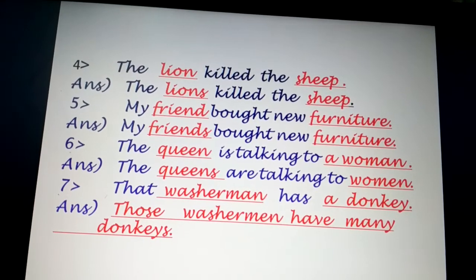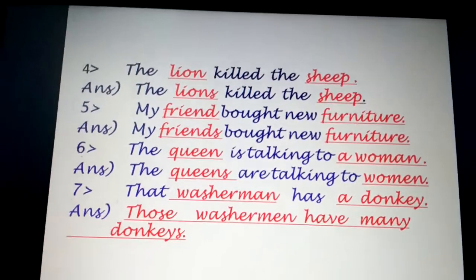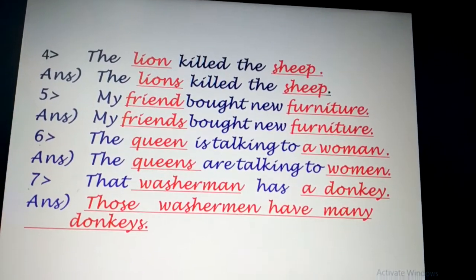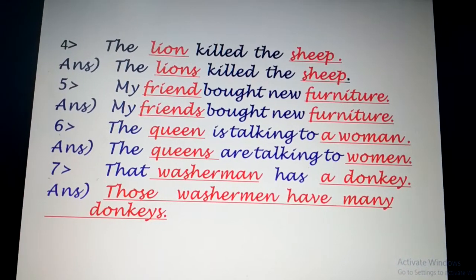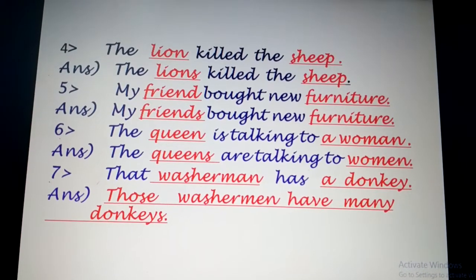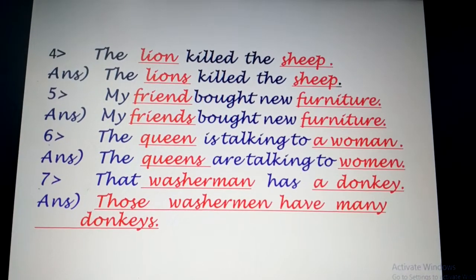Those washermen have many donkeys. The word has is always used with a singular noun. It also undergoes a change, and it changes to have. A donkey changes to many donkeys. So you have it as, those washermen have many donkeys.